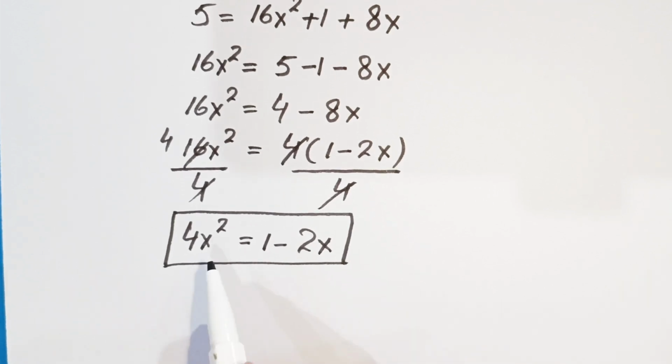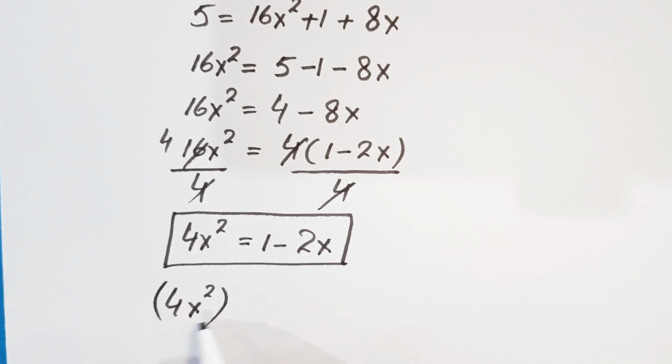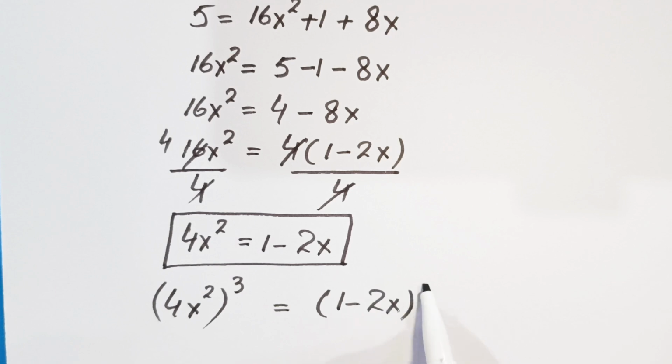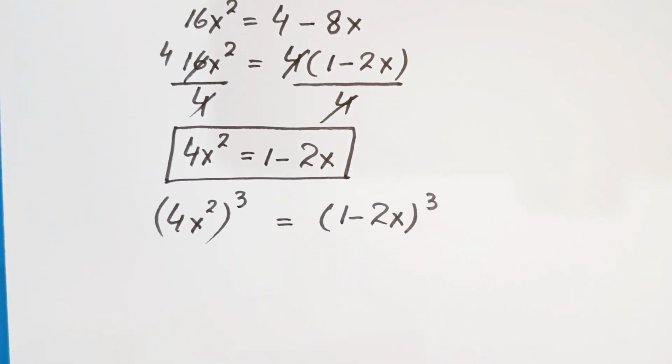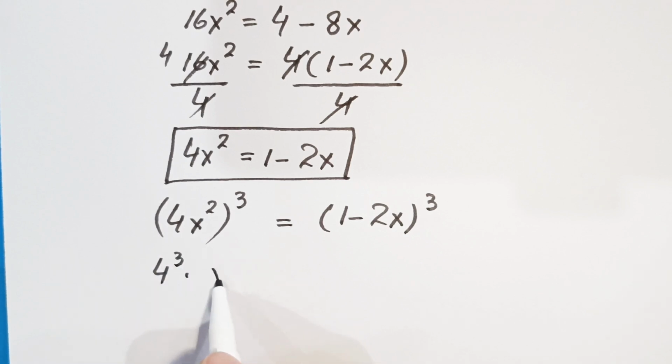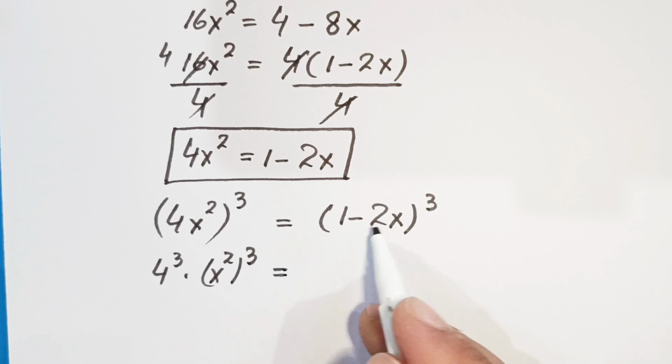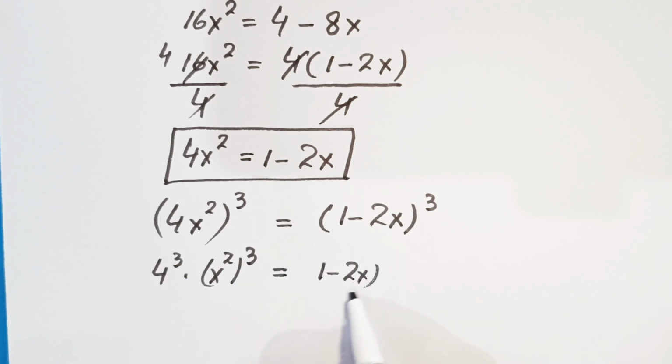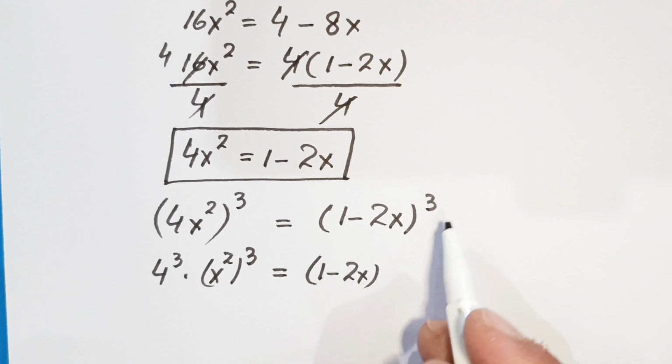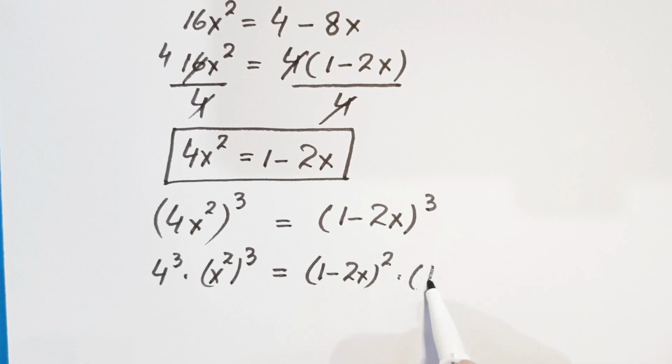Now this 4x squared, if we take cube on both hand sides, so here it will be 1 minus 2x whole cubed. Now here 4 cubed times x squared whole cubed is equal to 1 minus 2 times x whole cubed. We can also write this cube as power 2 times 1 minus 2x power 1.